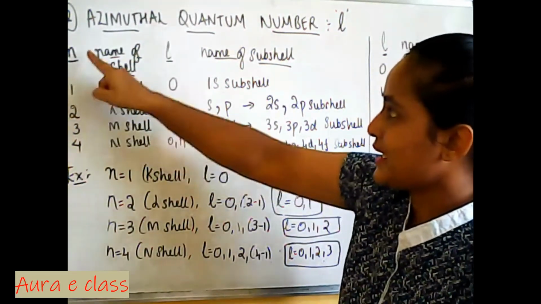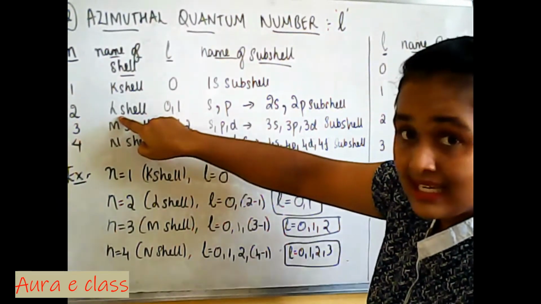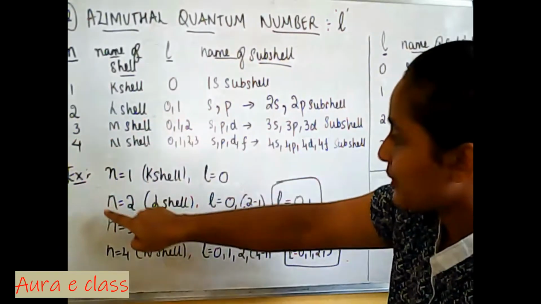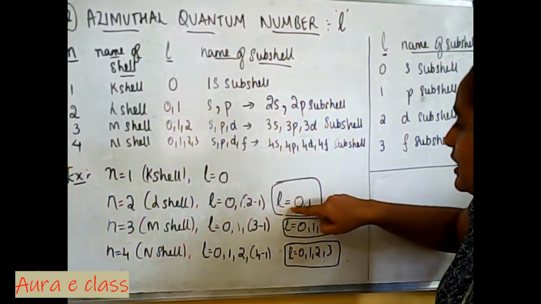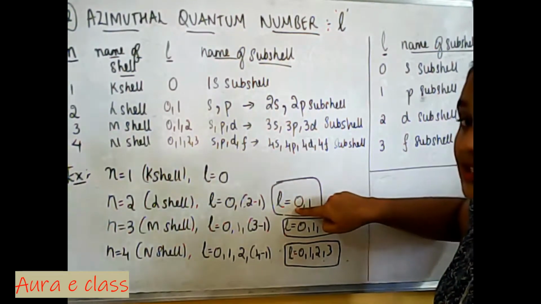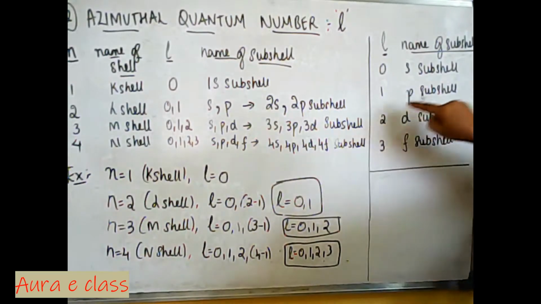Moving on to the second one, when n is equal to 2, the name of that shell is L shell. From the calculations, we have got values as 0, 1. What is 0? 0 is your s subshell. What is 1? That is your p subshell.